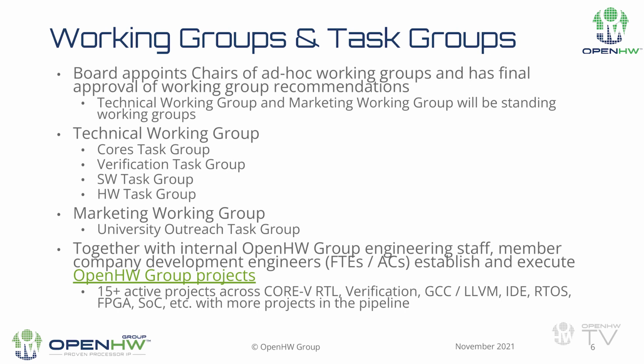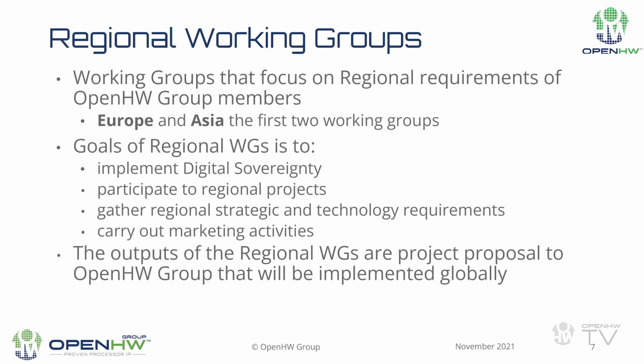Then we also have the marketing working group, where dissemination and exploitation take place, with the university outreach task group, where we have research collaborations between universities and Canadian universities. Alongside the working groups that I just described, you also have regional working groups that are in definition right now. Those are the Europe working group and the Asian working group.